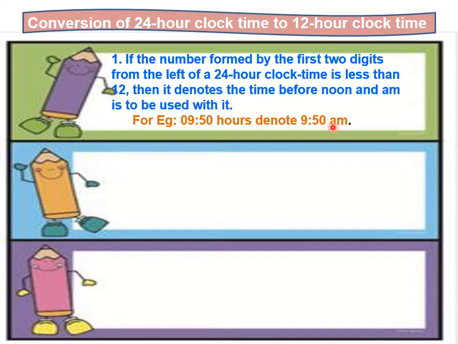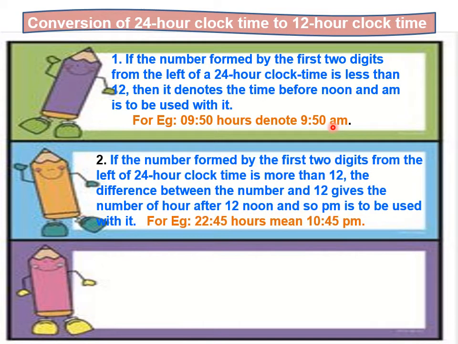So 9:50 am. Then number 2: if the number formed by the first 2 digits from the left of 24-hour clock time is more than 12, the difference between the number and 12 gives the number of hours after 12 noon, and so pm is to be used with it. So if the left-hand side number is more than 12, we subtract 12 from that number, and that gives the afternoon time, so we will use pm.